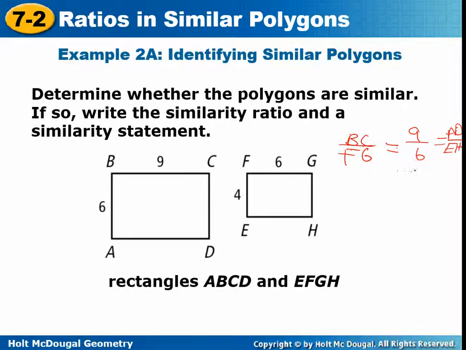So 9 over 6 simplifies, divide both by 3, to 3/2. Now check the other side, BA over FE. And that again would be the same as CD over GH. And that is 6 to 4, so you have to see if that simplifies to 3 over 2. Divide them both by 2 in that case, 3/2. They have the same similarity ratio. So therefore, these are similar rectangles.